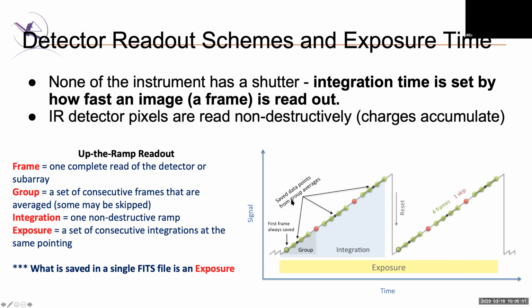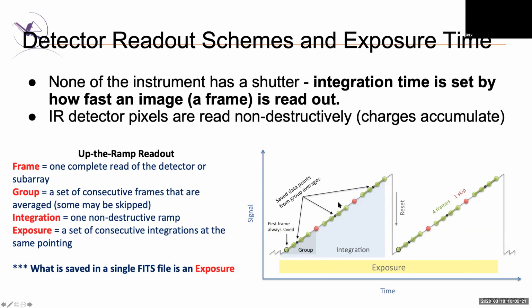But so whenever you want to start an exposure, you do a reset. So it's possible to reset the charges to 0. And immediately after you've reset, charges start to accumulate, and they will accumulate until you do another reset.